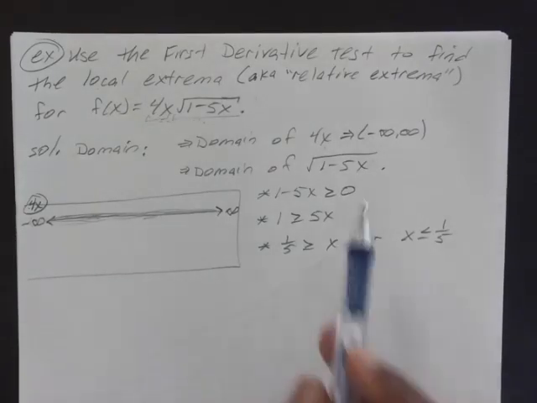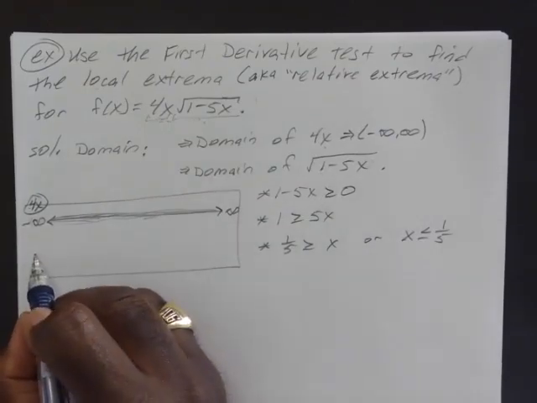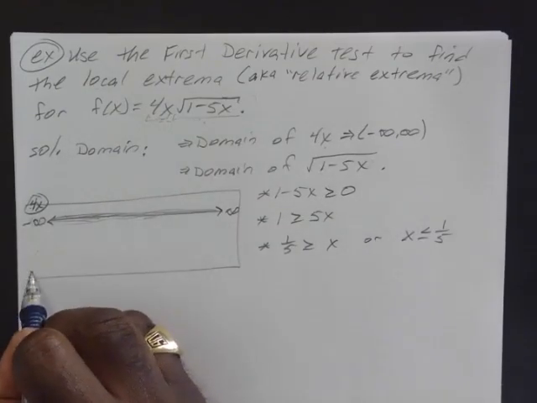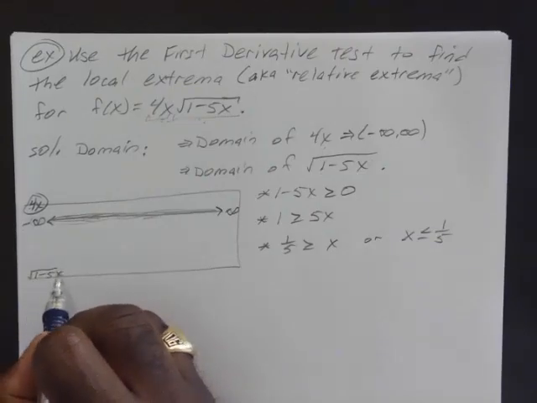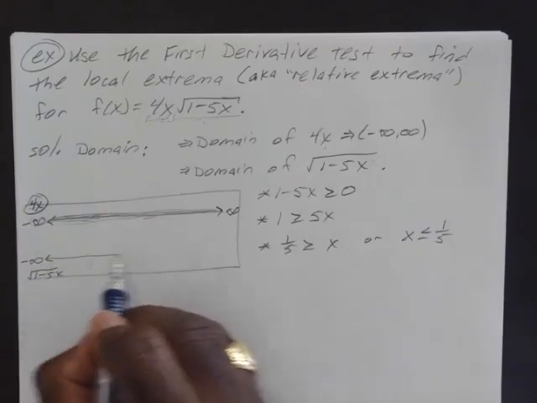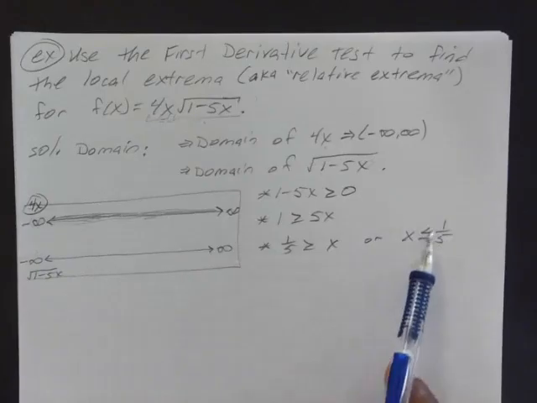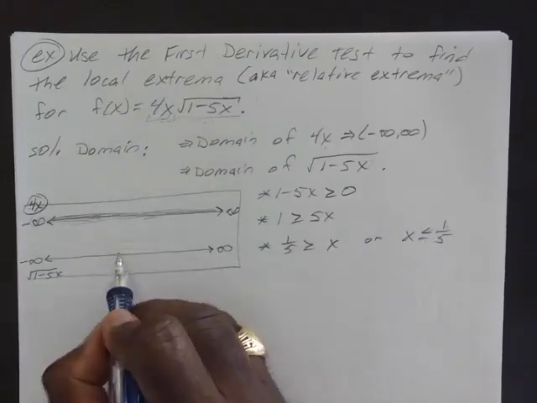But if we look for the square root of 1 minus 5x, I'll put that underneath it. That domain is just x is less than or equal to 1/5.